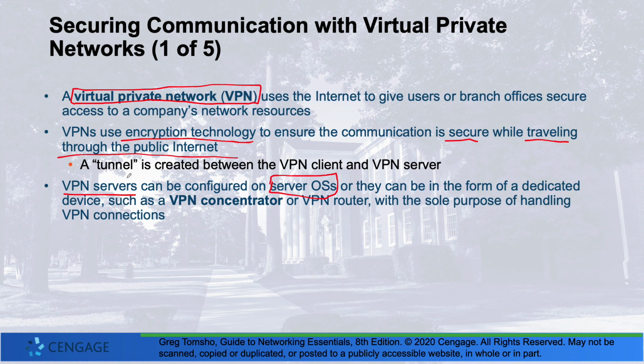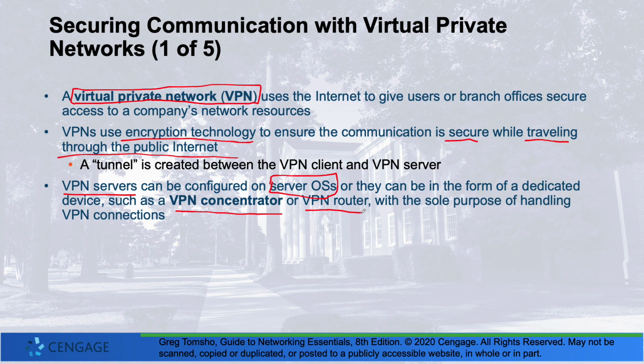Know that encryption always has a cost, and the cost is going to be in memory and CPU cycles. So a lot of people don't want to bog down their server making VPN connections, so they buy a piece of hardware such as a VPN concentrator. So I buy a special device that's on the edge of my network, and the only thing it does is handle VPN connections, and that's just for capacity.